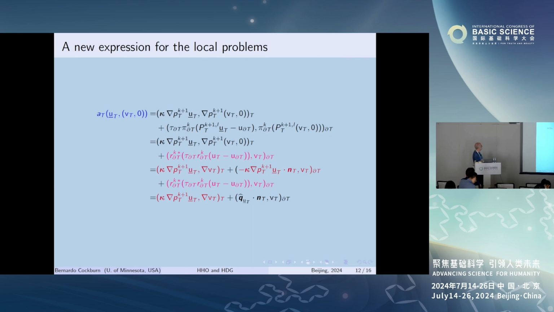This is by definition the consistent part, and this is the stabilization part. And then here, to go from here to there, I use who is this P, which gives me this horrendous stuff. And here I use who is this P, and we get this stuff.